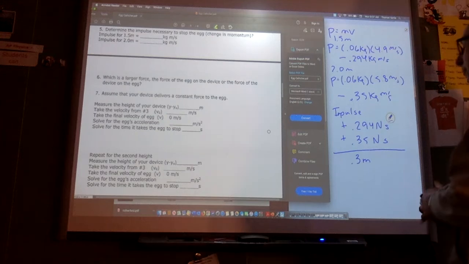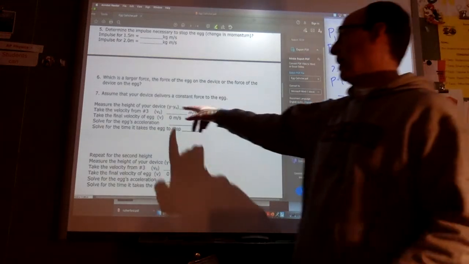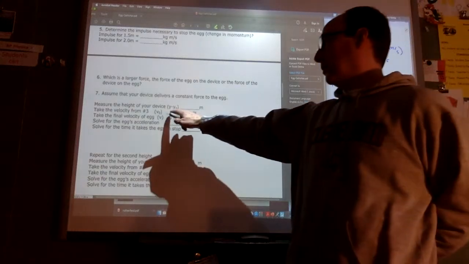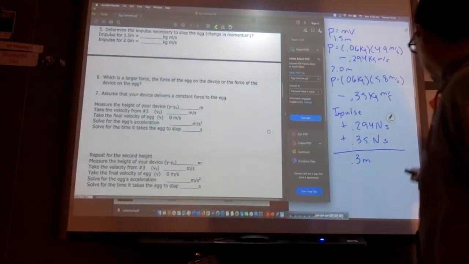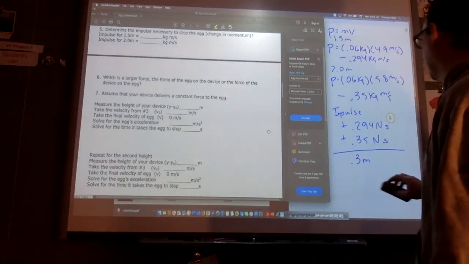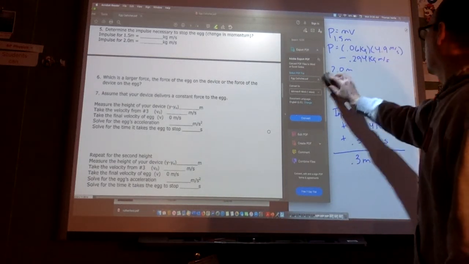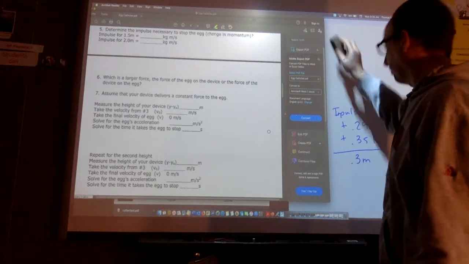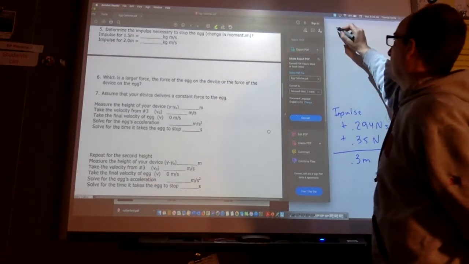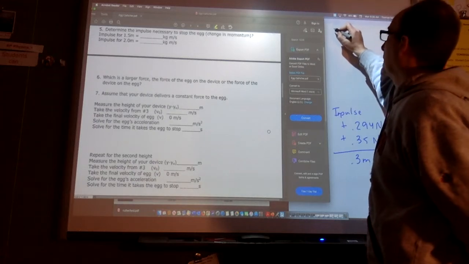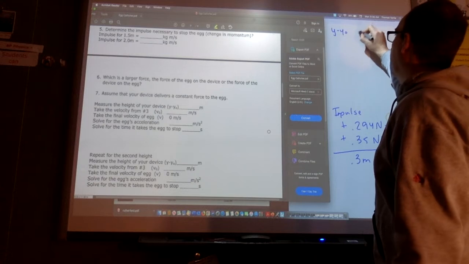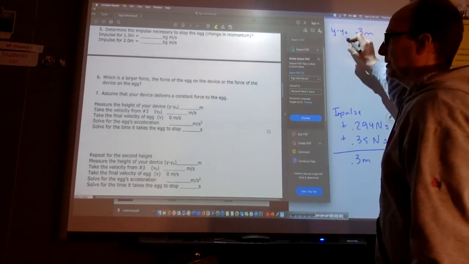All right, so I'm going to have another one, and we're going to say that the height of our device is 0.3. Why don't I work up here? So I'm going to have two charts. I'm going to say the height of my device is 0.3 meters.